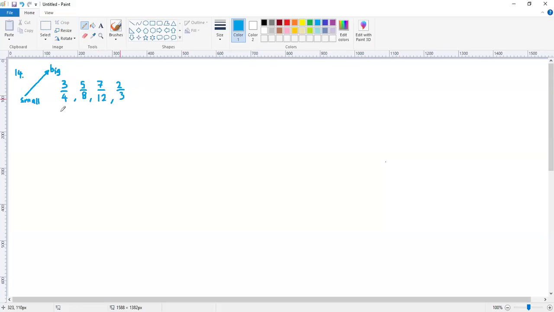Okay, so let's see how we'll go about it. Now, for this one, do you have to find the lowest common multiple so all the denominators match? Yes, that's exactly how you go about it. Did you make any attempts to do it that way? No, it's because I didn't know. Okay.